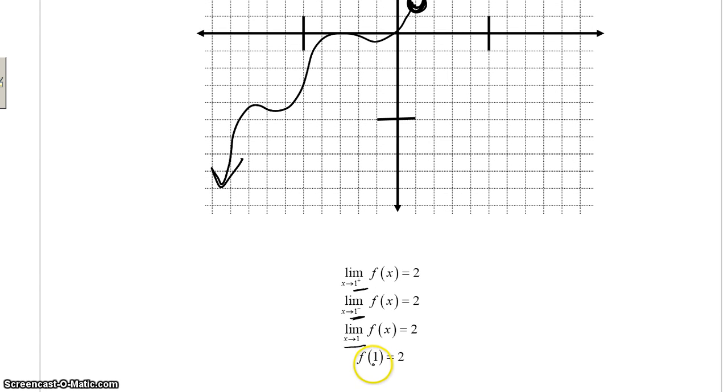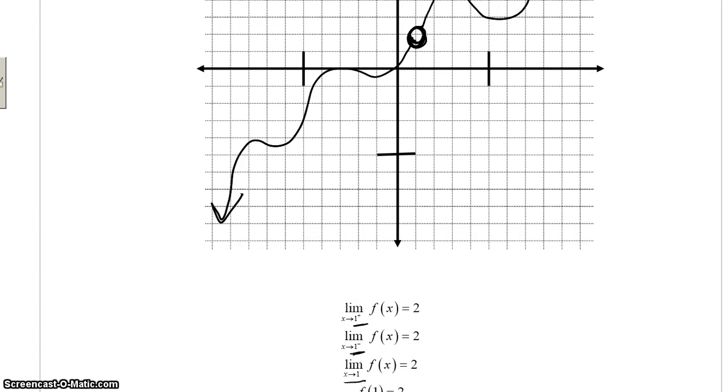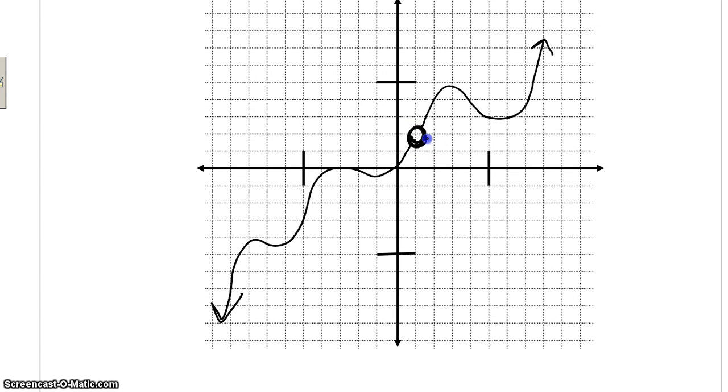And now we have f of 1 is 2. And remember that this open circle means that it is not included. Therefore, we can color it in, and now it is included. So again, our graph could look like anything. It could look like this.